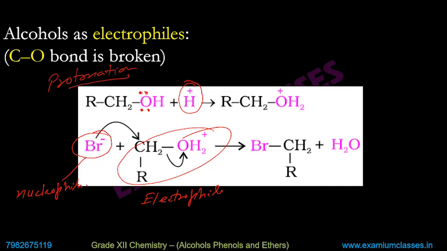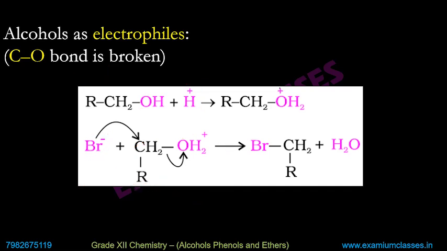So how does this happen? This positive charge on an electronegative element makes it unstable. For that, this bond breaks and these two electrons are supplied to OH2 and it becomes an H2O molecule and gets detached.